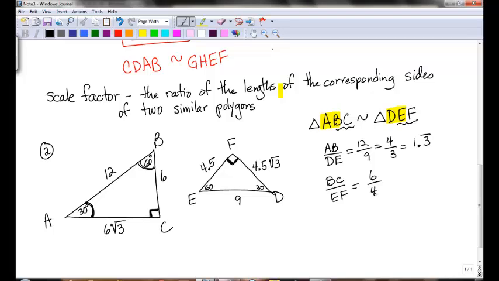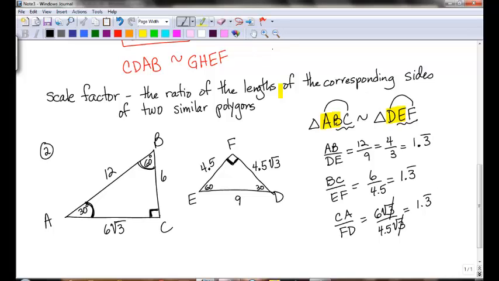EF is 4.5. 6 divided by 4.5? 4/3 or 1.333. And then the last one, CA and FD. CA is 6 radical 3, and FD is 4.5 radical 3. What's radical 3 divided by radical 3? 1, right? And you're back to 1.3.